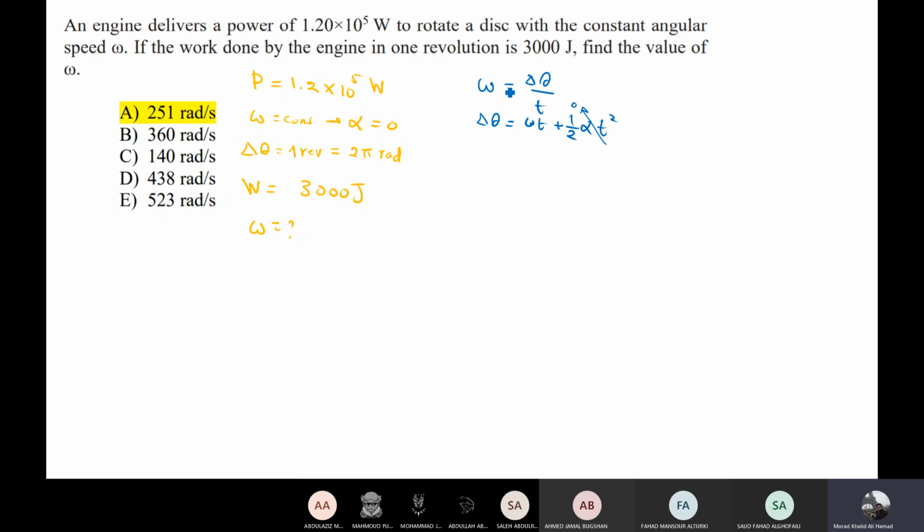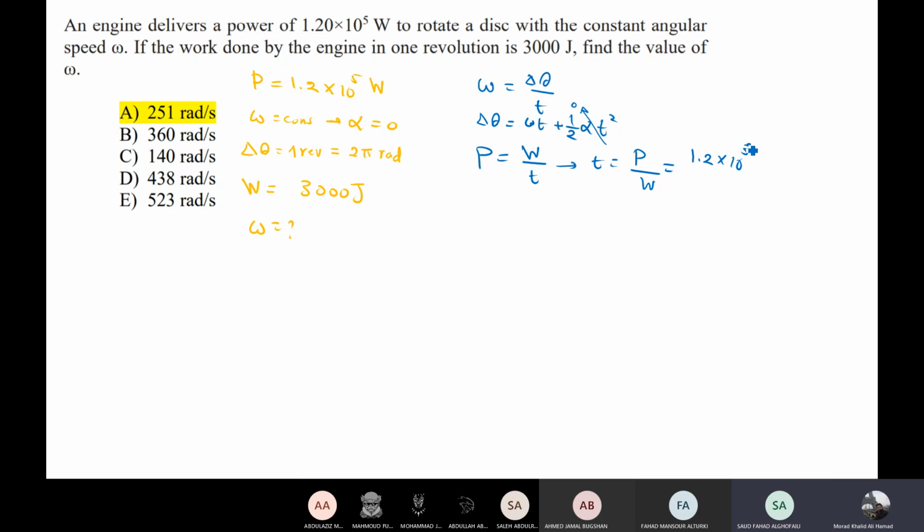So we end up with the same: angular velocity is equal to angular distance divided by time. But here we don't have the time. From where can we get the time? We have the power and we have the work, and we know that power is equal to work divided by time.